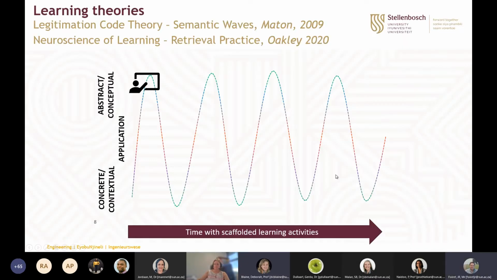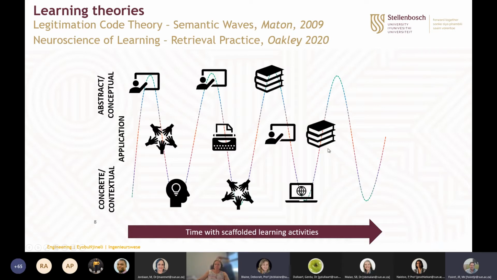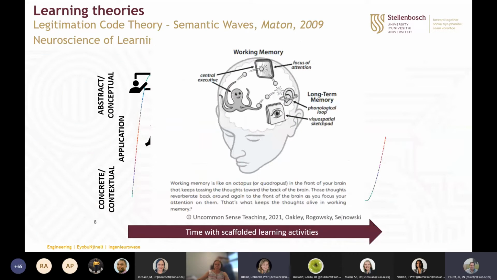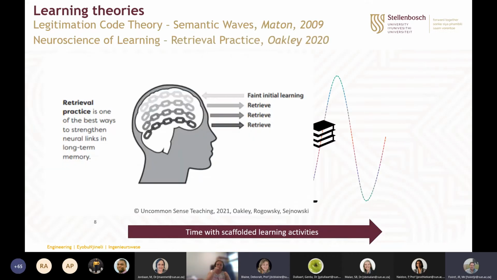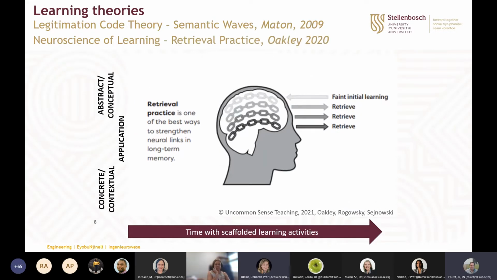And one of the things that I always shy away from with the retrieval process is that I feel like we tend to take too long with the concepts. How have you navigated what I would imagine to be your content-heavy engineering modules, to get through all the content while using retrieval practice?